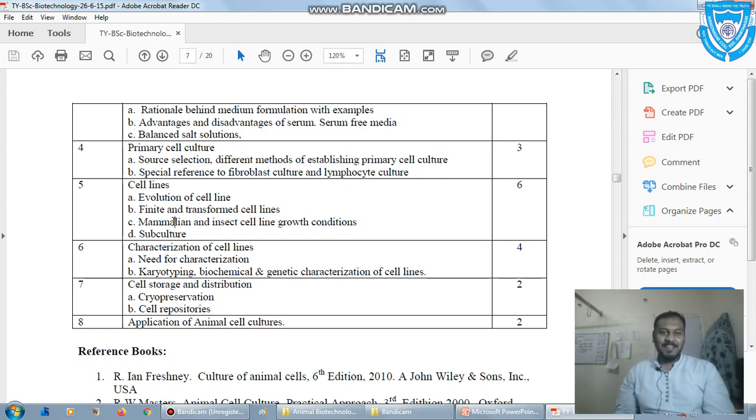Then the mammalian and insect cell lines are very important for different types of experimentation and projects going on in cell science laboratories, national and international, where they see the effect of different antibiotics and different drugs, manufactured and new drugs.